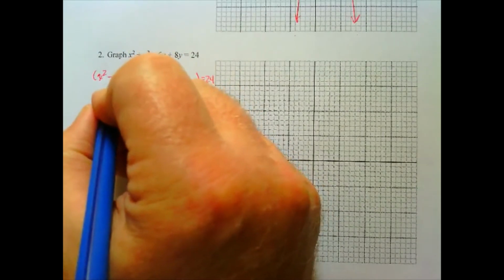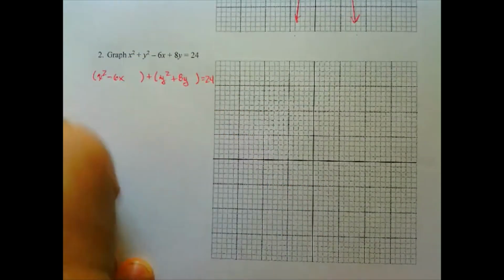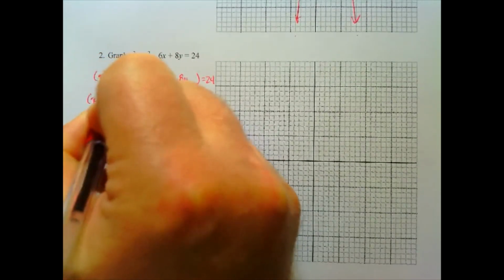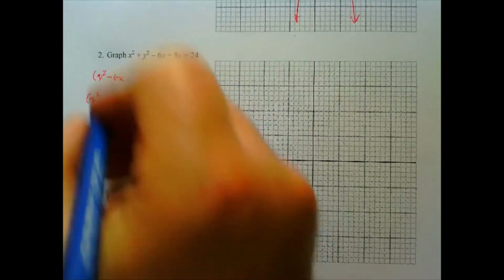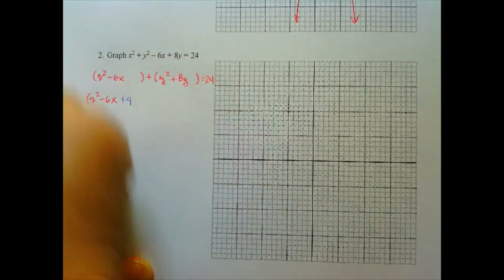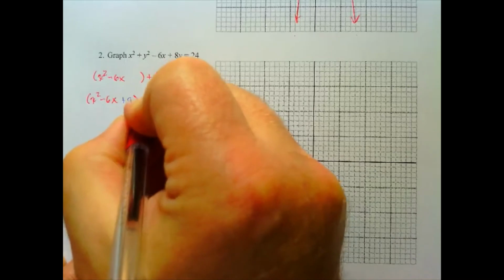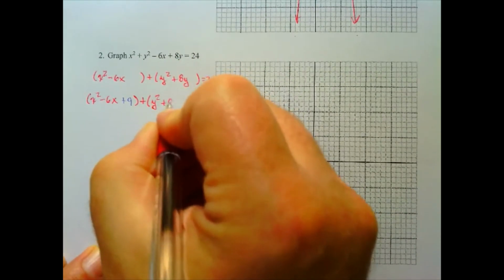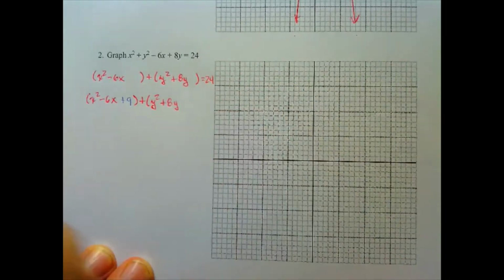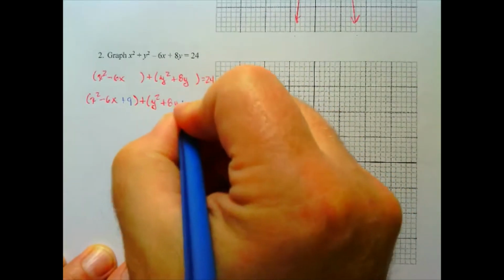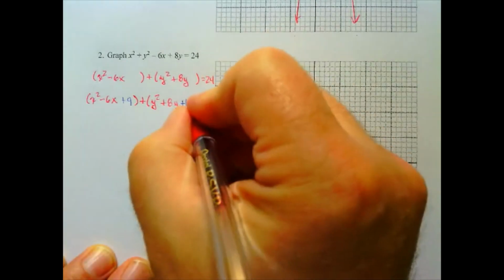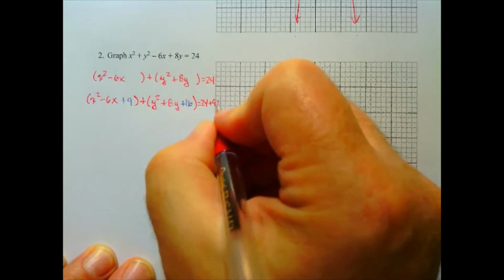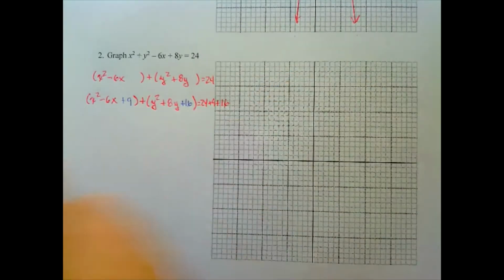So here I'm going to have x squared, subtract 6x. Half of 6 is 3, 3 squared is 9, so I'm going to have a plus 9 there. I'm merely using the parentheses so that you can see everything separated. Half of 8 is 4, 4 squared is 16, so I have to add 16 here. And then I'm going to have 24 plus 9 plus the 16.